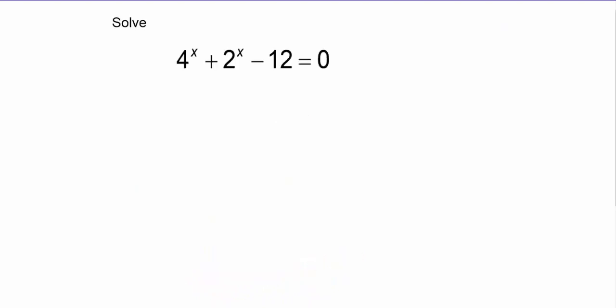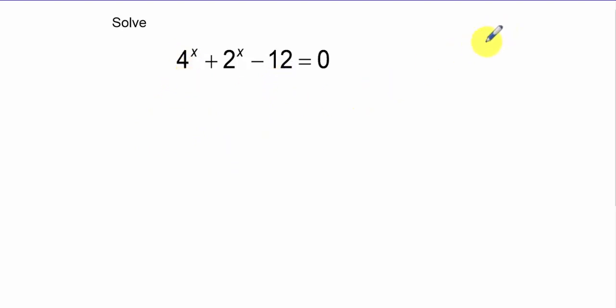And finally, this doesn't look anything like what we've been doing, but it actually is. It kind of looks like we've got 3 terms, so this could be a disguised quadratic, and it actually is. Notice what I can do here.